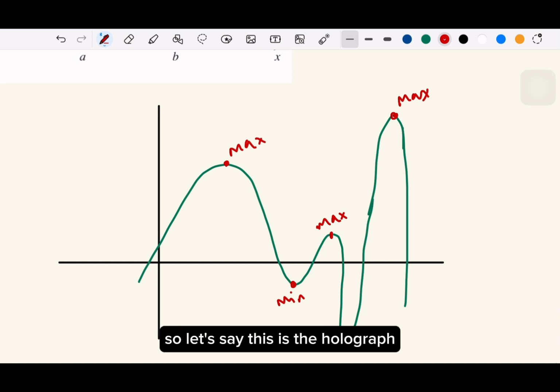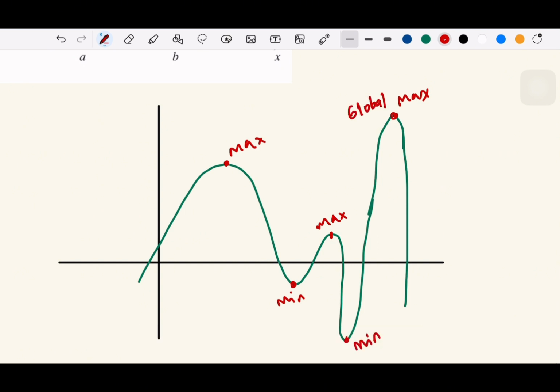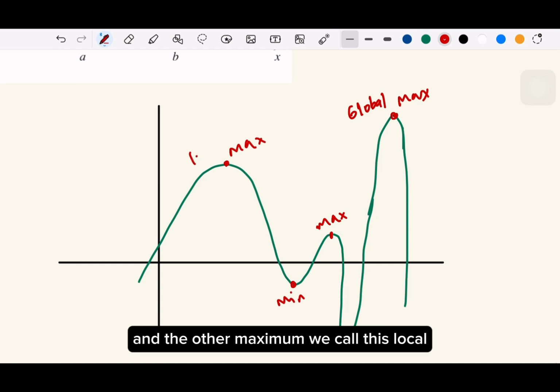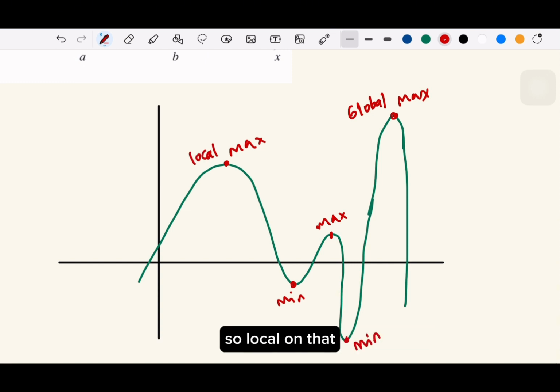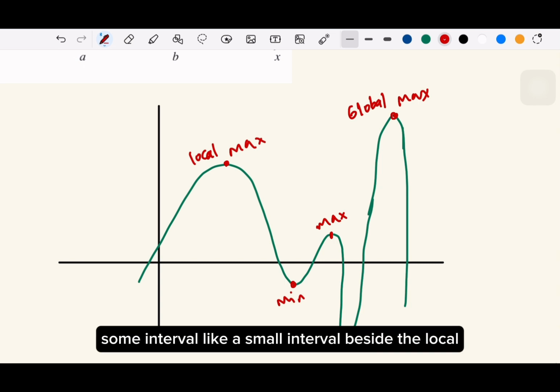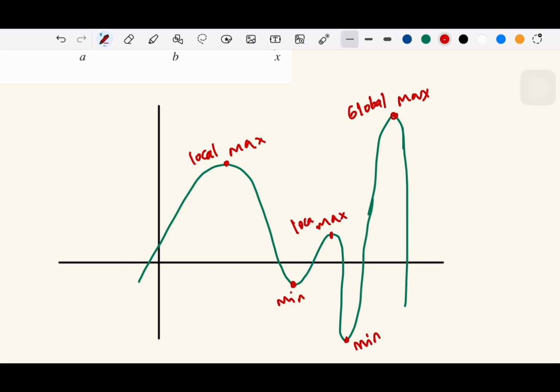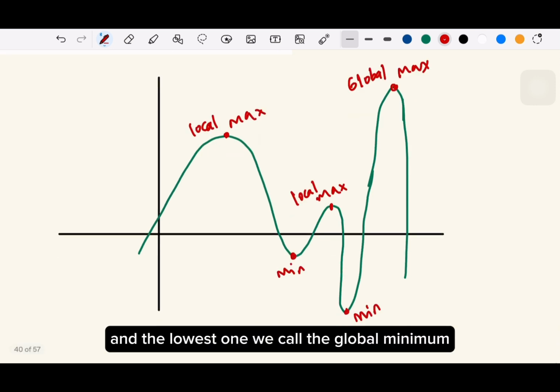So let's say this is the whole graph, and we are not defining any interval. The highest one we call the global max, and the other maxima we call just local, so local on some small interval beside it. And the lowest one we call the global minimum.